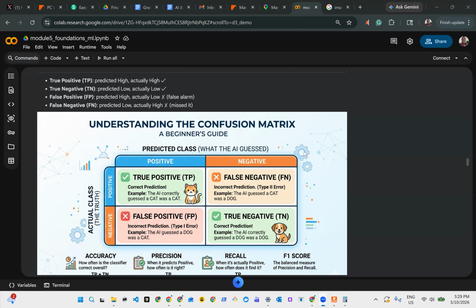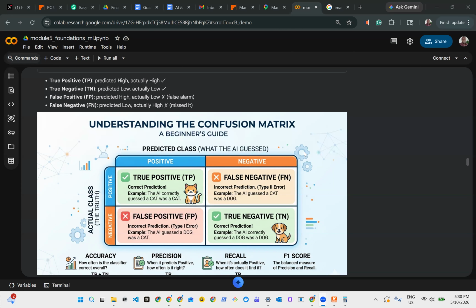Now, a false positive is whenever a model predicts a high value, but in real life, the value is low. We call it a false alarm. And the last one, false negative, is when a model predicts low, but in real life the reality is high.